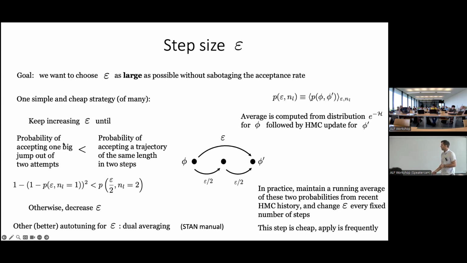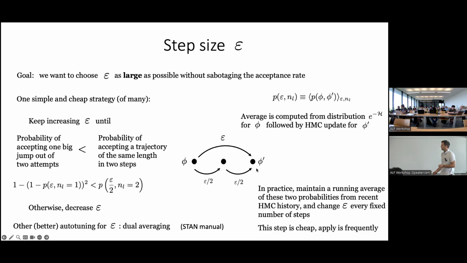So basically, you keep increasing epsilon as long as the probability of accepting one big jump of size epsilon out of 2 attempts is larger or equal to the probability of accepting 2 smaller jumps, so one trajectory consisting of 2 half steps.